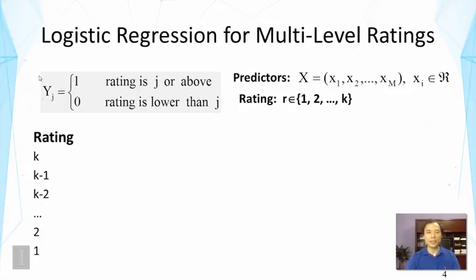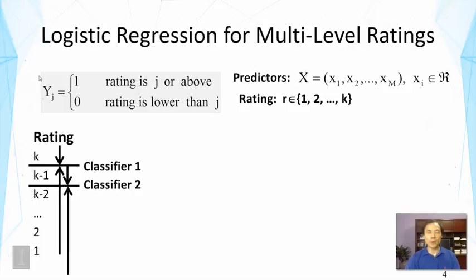So basically, if we want to predict a rating in the range of 1 through k, we first have one classifier to distinguish k versus others, and that's our classifier 1. And then we're going to have another classifier to distinguish k minus 1 from the rest. That's classifier 2. And in the end, we need a classifier to distinguish 2 and 1.